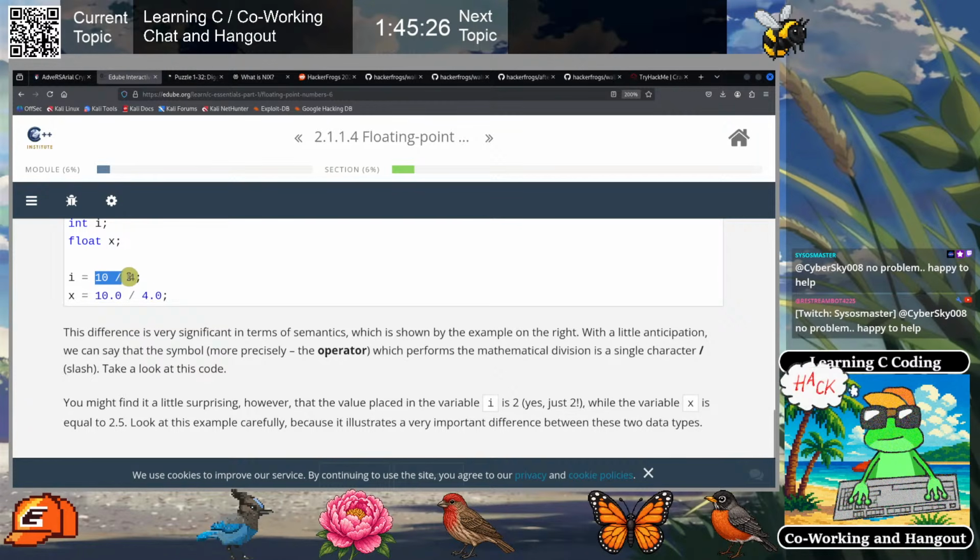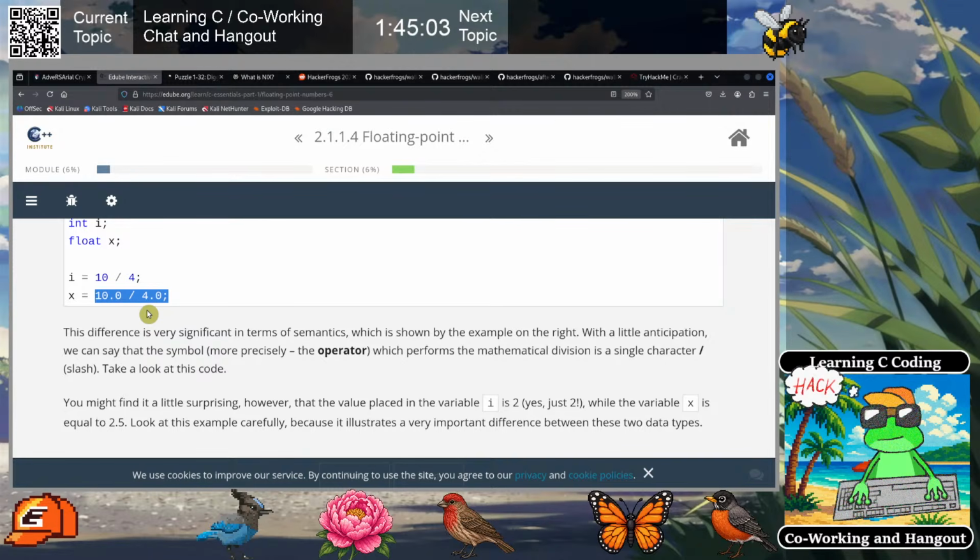Okay, so i is equal to 2. We would expect it to be 2.5, but because i is an integer, we have to round down to the nearest integer, which in this case is 2. But because x is a float, it can be precise, and it can be rendered as 2.5.